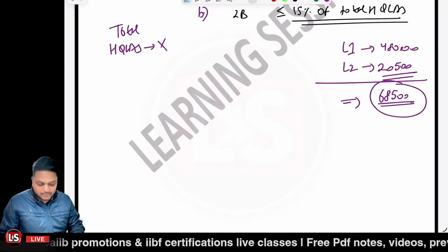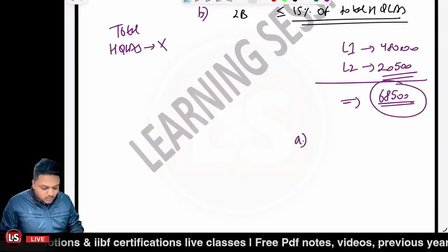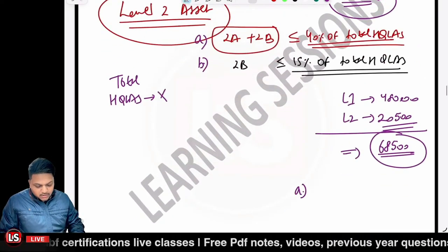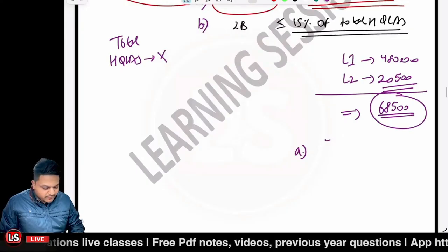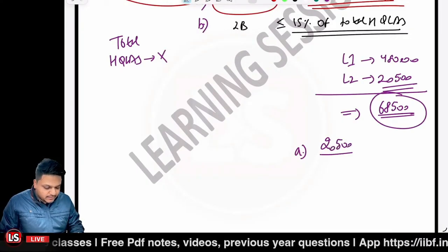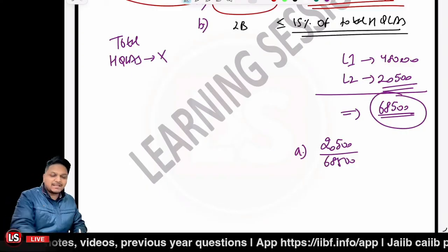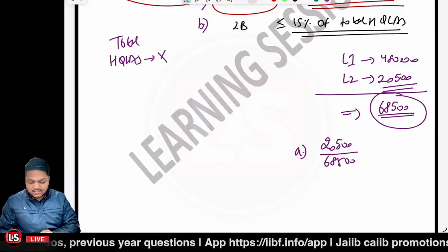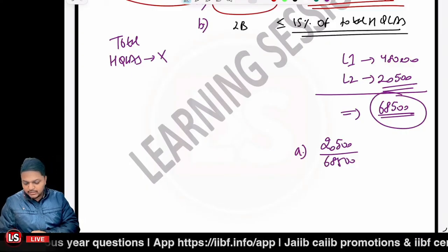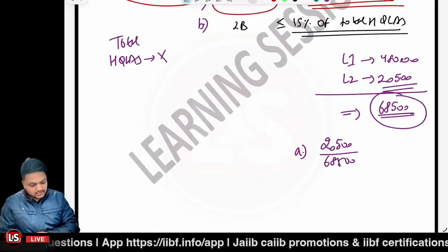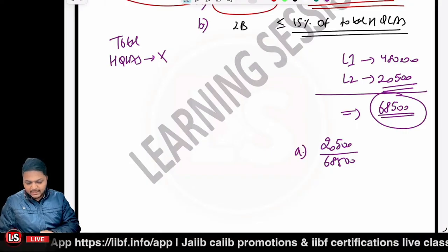So the first cap ratio would be equal to 20,500 divided by 68,500, considering the maximum HQLAs are 68,500 crores, and the percentage of the same.